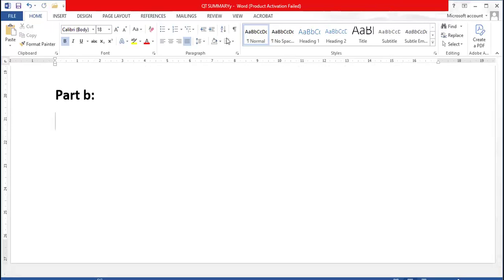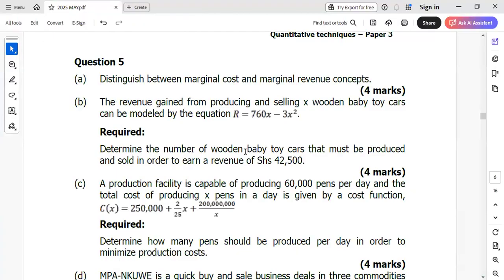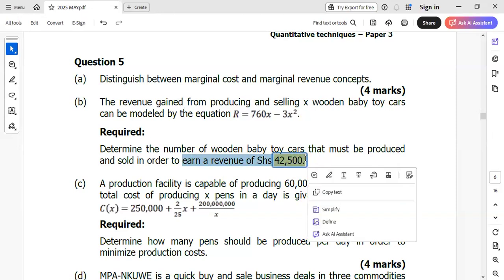So part B, what are they telling us? We are told to determine the number of wooden baby toy cars that must be produced and sold in order to earn a revenue of shillings. Now, here you have the revenue to be earned.